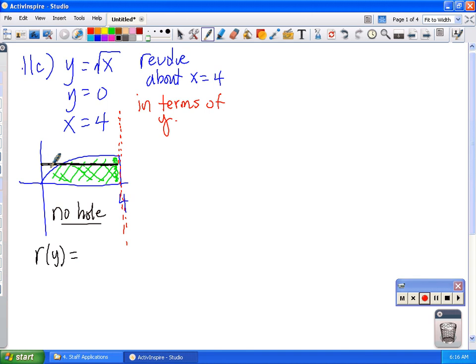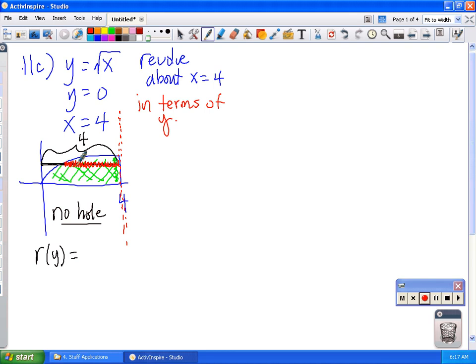Now that segment right there is definitely longer than my radius. The length of this segment from here to here is 4 units. Now bear in mind, that is not the length of my radius. The length of my radius is just this part that I'm coloring in red.